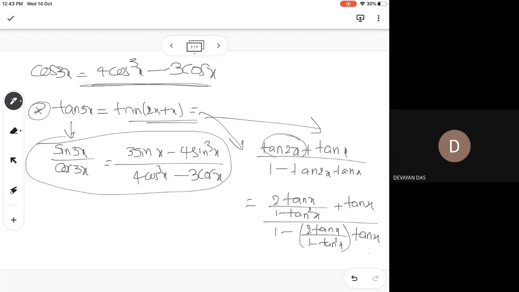Actually, what is the formula? Tan 3x is equal to 3 tan x minus tan cube x by 1 minus 3 tan square x.